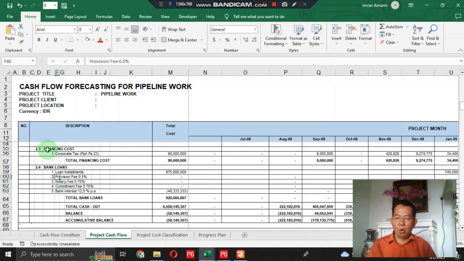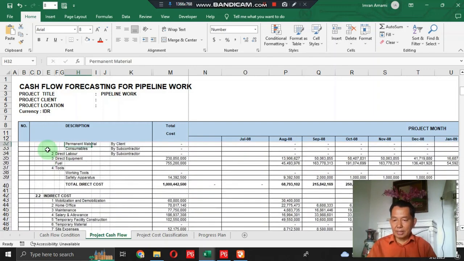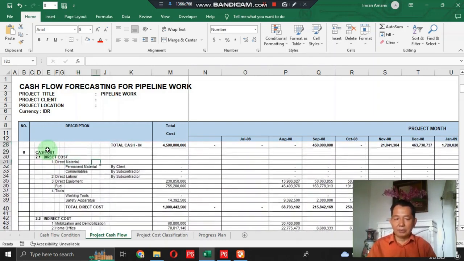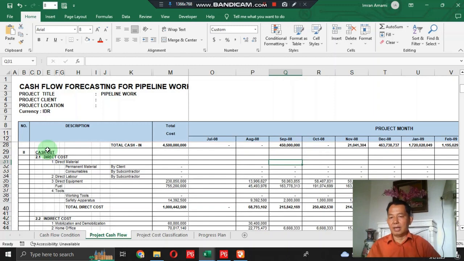Provision fee 0.5%, notary fee 0.75%, commitment fee 0.75%, and bank interest is 12.5%. Now we discuss the direct cost numbers here.